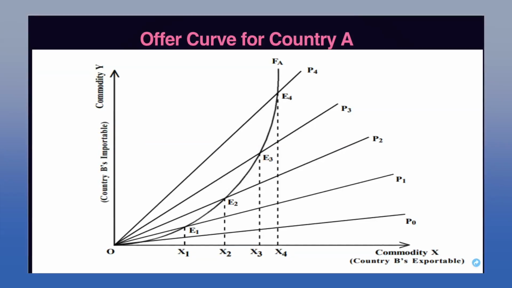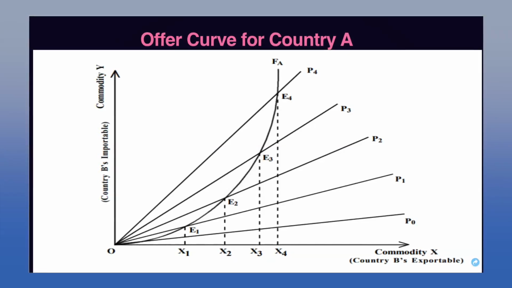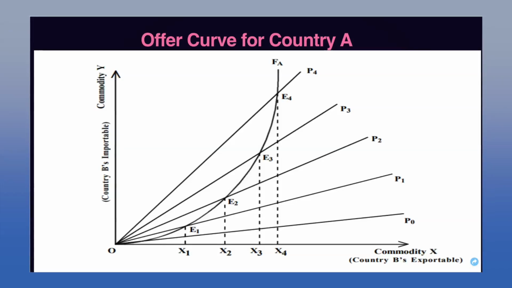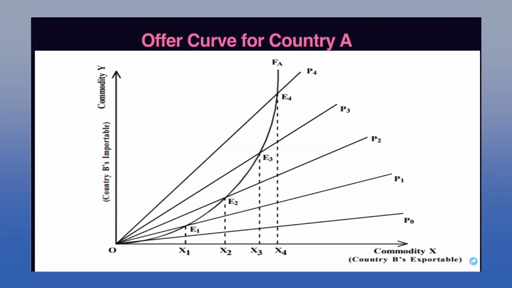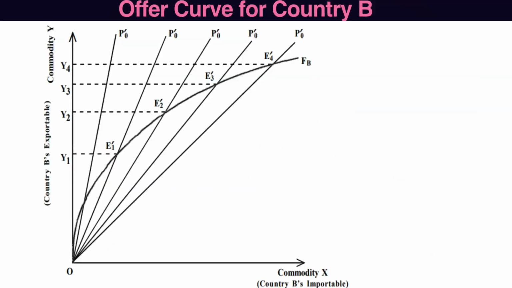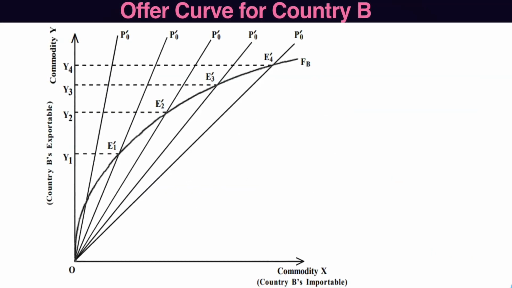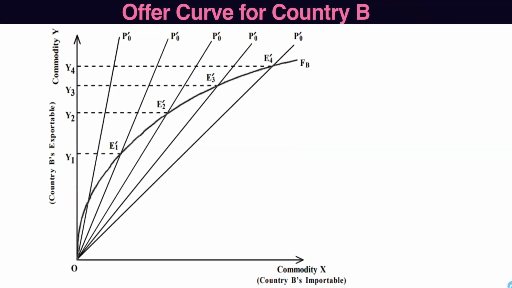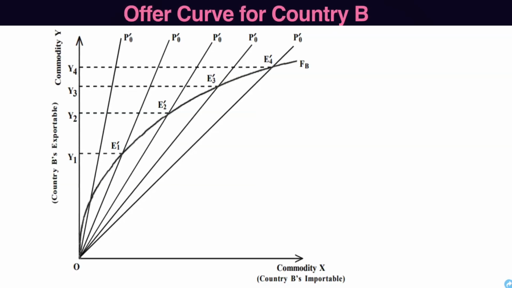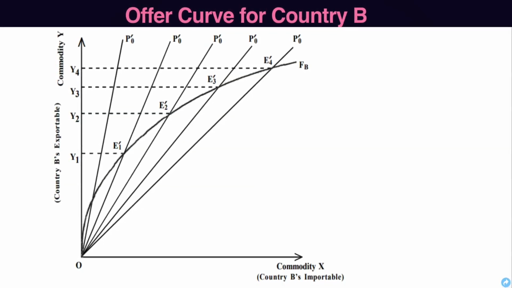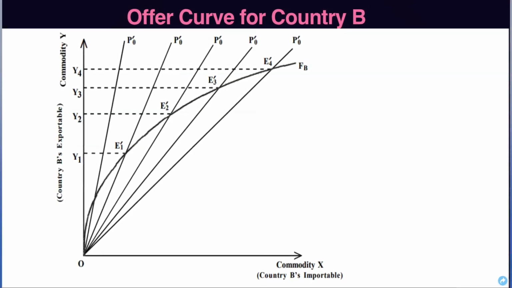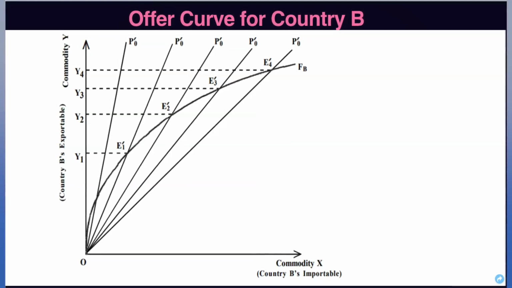Thus, the offer curve OFA, also known as the reciprocal demand curve as mentioned earlier, of country A can be traced out by joining the points E1, E2, E3 and E4, that gives the demand of country A for commodity Y. In the same way, the offer curve of country B can be constructed, and in the diagram, commodity X, or country B's importable commodities, is plotted along the horizontal axis and commodity Y, of country B's exportable commodities, is plotted along the vertical axis.